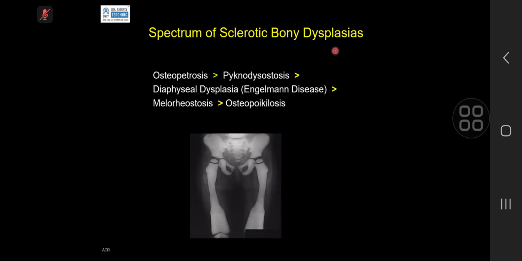These are basically disorders of osteoblastic and osteoclastic activity. If you go back to the basics of bone metabolism, there is osteoclastic and osteoblastic activity. The osteoclasts are not working very well, and that is why there will be sclerosis.